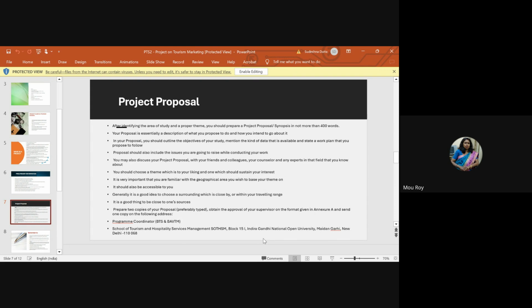You have to mention what is the theme of your project, what is your objective, how long would you take to complete the study, what is your area of study, what are your findings, and how would you conclude it. So that is how a synopsis will be, and it should be limited to 400 words.